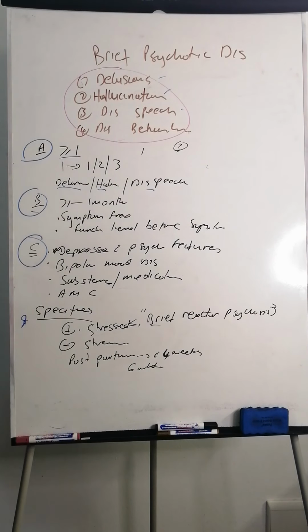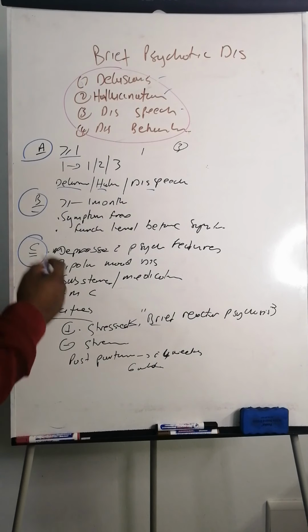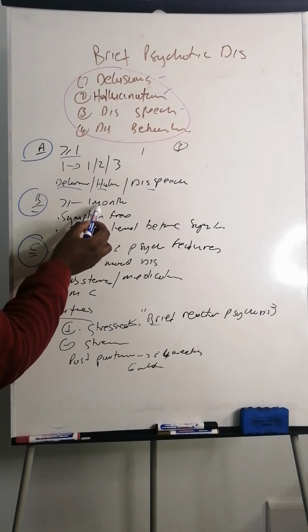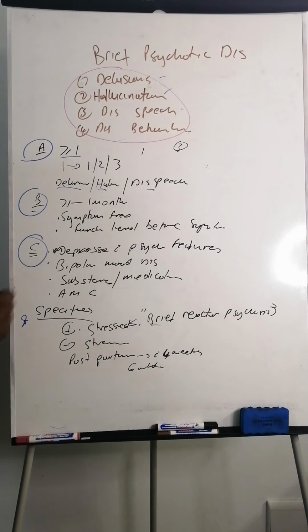And criterion B says that the symptoms must have been there for more than a day, but less than a month. And this person, after a month, they must be symptom-free and return to their functional level which they had before the condition. As we know, the minute the symptoms go past 1 month, it's no longer brief psychotic disorder. As we are going to talk about, it becomes schizophreniform.